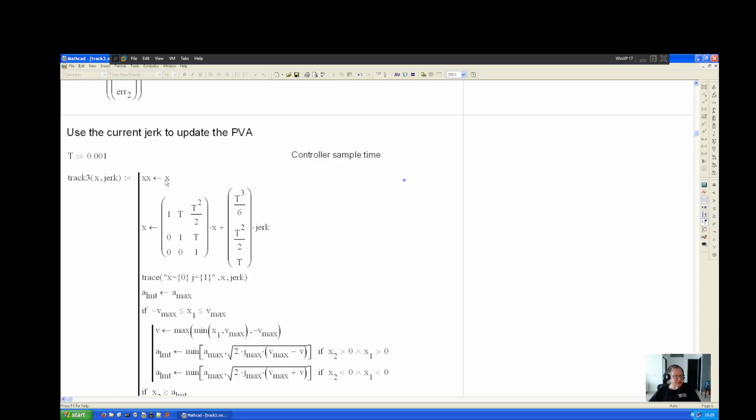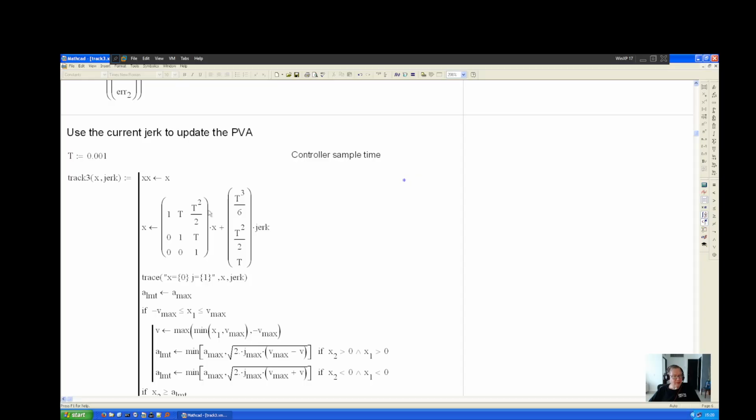So this is the position, and then what I'd want to do is take a jerk and apply it. And this is going to return a vector of position, velocity, and acceleration. So this is the equation for the position. And this basically is using the old position to update the new position, assuming that nothing is changing, but we are changing the jerk.